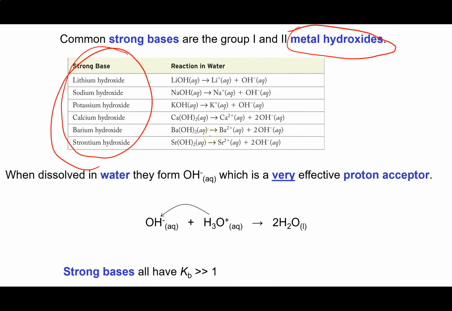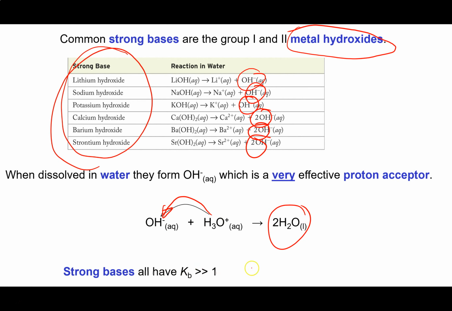Well, they're ionic compounds, so they dissociate 100% to form hydroxide ions when they're dissolved in water. Sometimes you get 1 hydroxide, sometimes you get 2, depending whether you've got a group 1 or a group 2 cation. What happens when they're dissolved in water? Well, they are extremely good proton acceptors. They will accept a proton from, say, the hydronium ion or any other acid and form water.